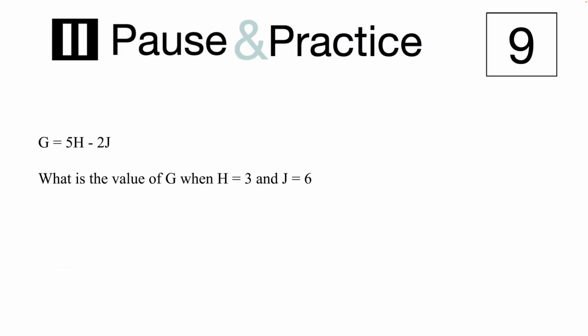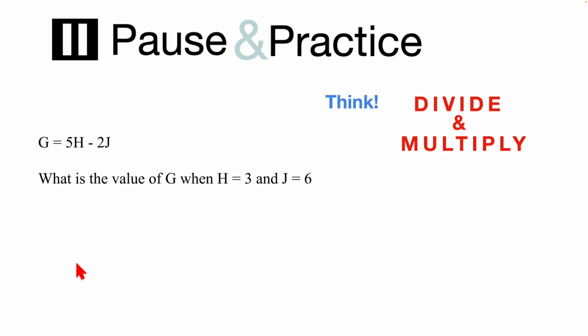So here's an opportunity to show your skills again, slightly more complicated than previously. I'll give you the answer. Right, first things first, have a think. What are we doing? We are dividing and multiplying.